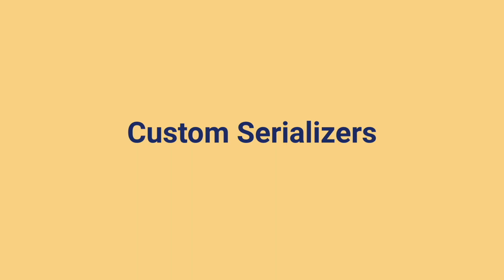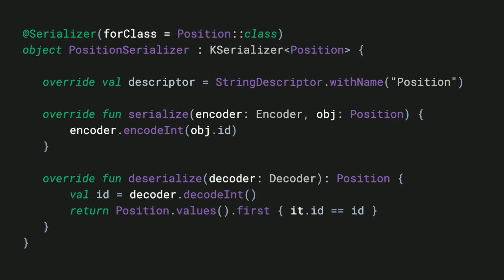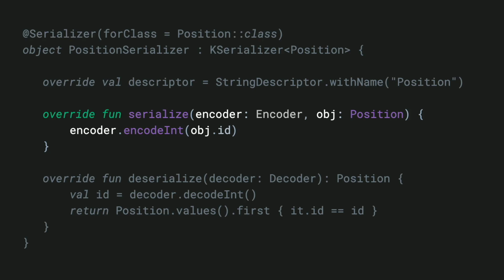This is where custom serializers come into play, so we can define what we want to do with the serialization. To implement a custom serializer, you implement a KSerializer interface, which comes with the library. Sorry, I missed a slide. There are two methods you want to be aware of.